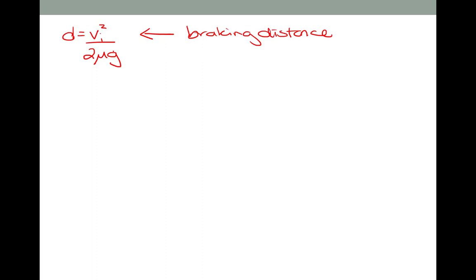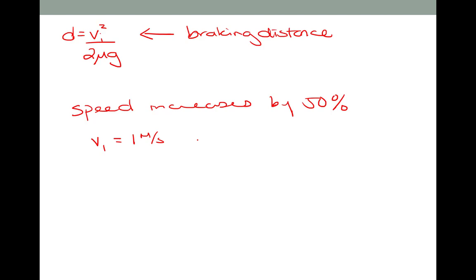So now we need to unravel what this piece means. The speed increases by 50%. So that tells me that if v1, for example, is 1 meter per second, then when it increases, v2 would be 1.5 meters per second.